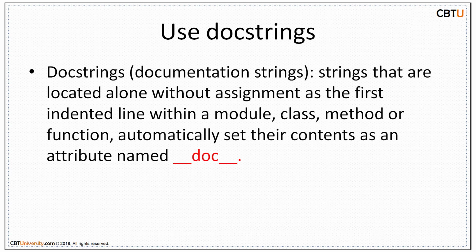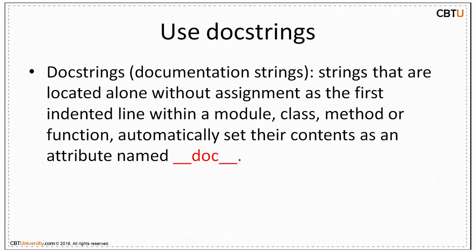Documentation strings are docstrings. These strings are located as the first indented line within a module, class, method, or function. Docstrings are automatically set to their contents as an attribute named __doc__. A docstring describes what a method or a function does.